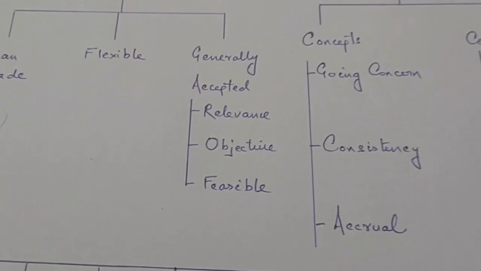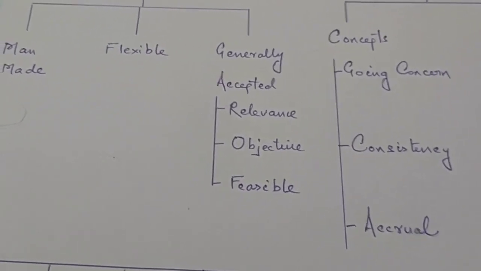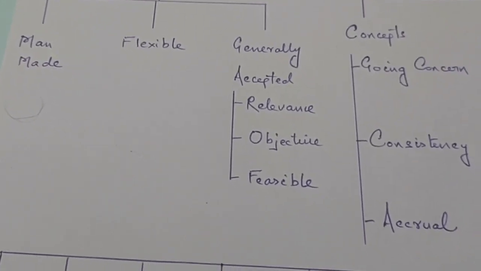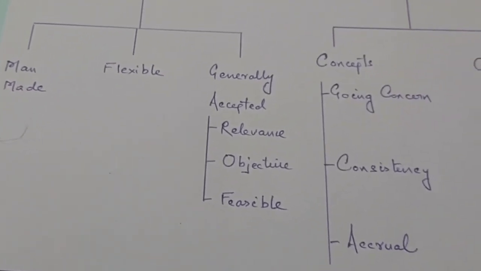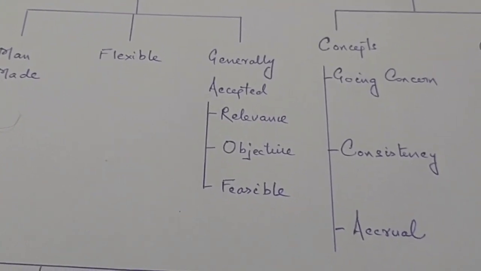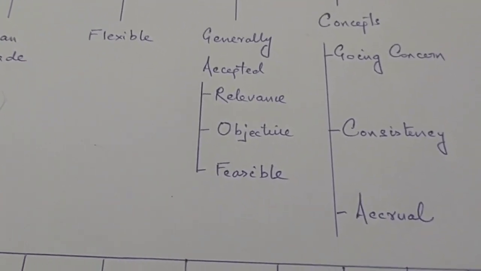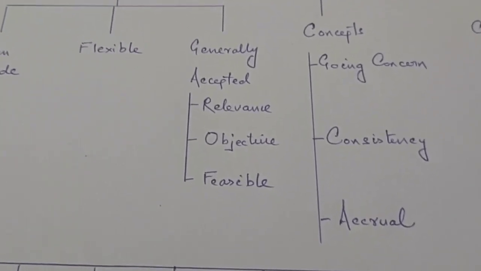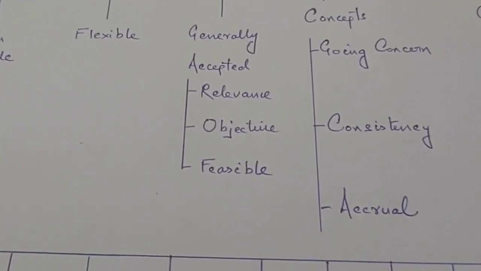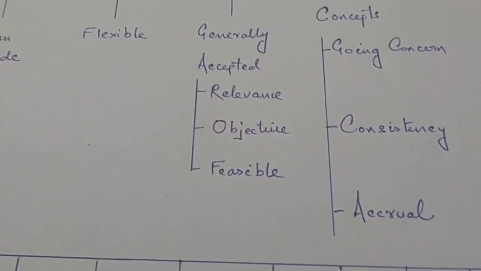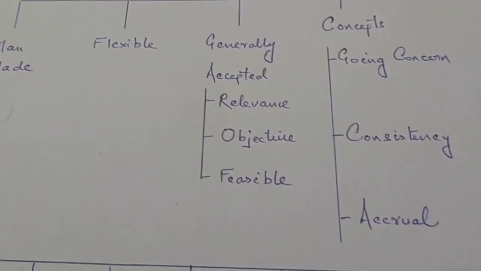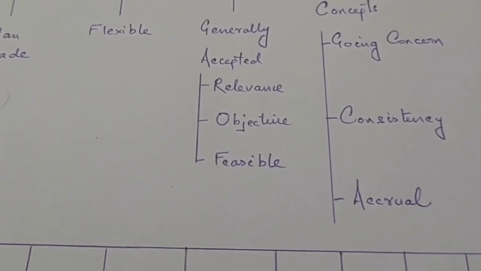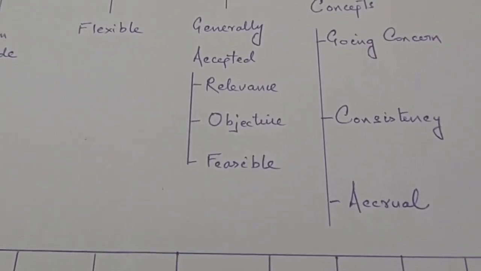The next concept of accounting is consistency. What is consistency? Consistency means that whatever rules are followed, that should be followed year after year. If there are two methods of treatment of any particular item in accounting, and the firm is following any one particular method out of that, the firm should continue with the same method.